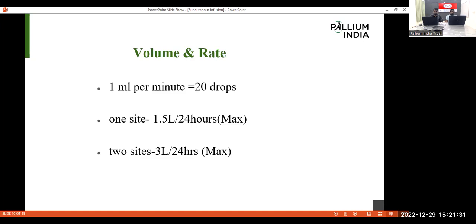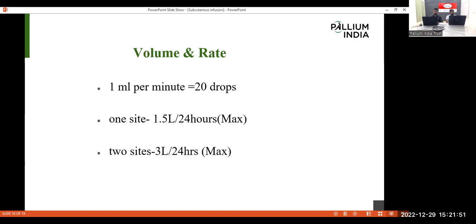That means in total, in two sites, maximum 3 liter or 6 pint of fluid we can give subcutaneously within 24 hours. A third site is not possible. Only the two sites. That is the maximum volume we can give.